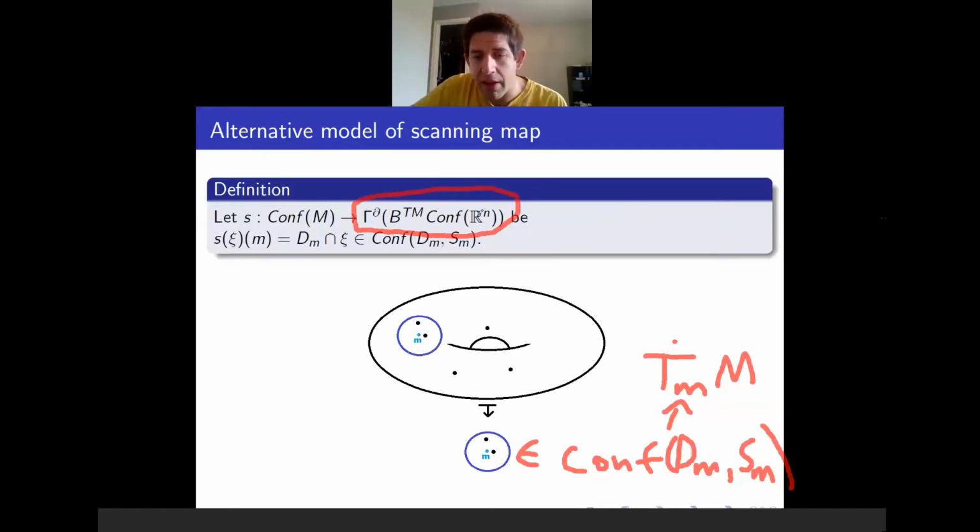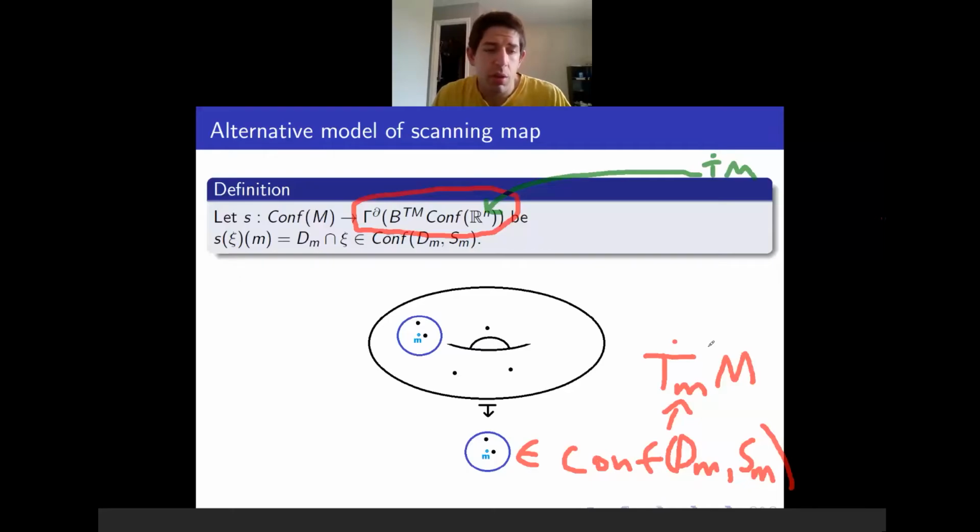This is somehow a more natural thing, and then you do this other step where you just say this bundle here, actually, we could replace this whole thing with just the fiber-wise one-point compactification of the tangent bundle.